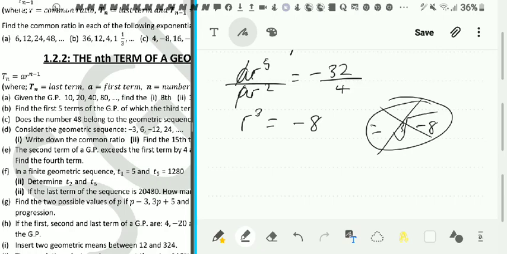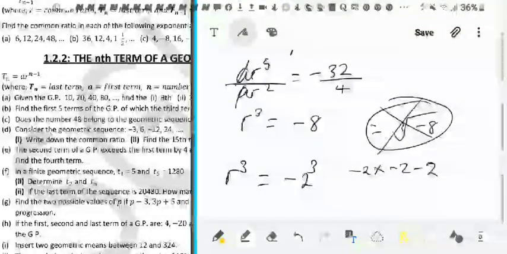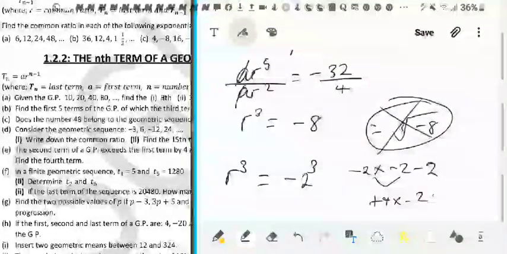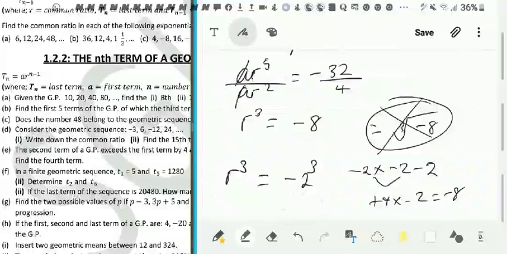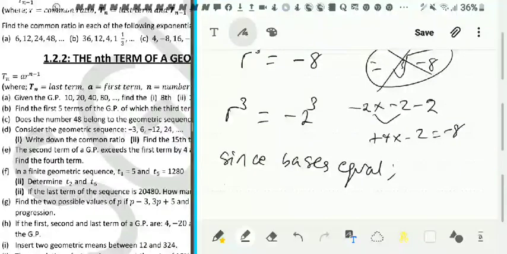You remember from your logic of indices, we'll try to see how we can make this one have a power of 3 so that we can equate the bases. So from indices, R raised to the power of 3 equals negative 2 raised to the power of 3. This is better because negative 2 raised to the power of 3 will still give us negative 8. This will give us positive 4 times negative 2, giving you negative 8. So this is better now. So what do we do? Since the bases are equal, equate the powers.